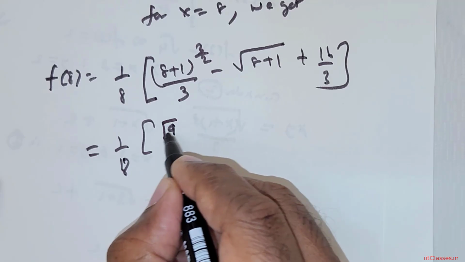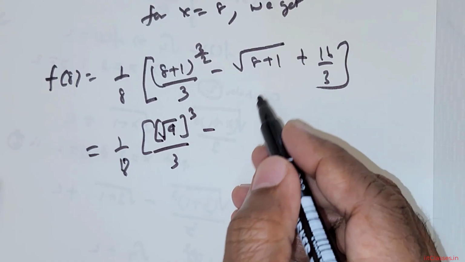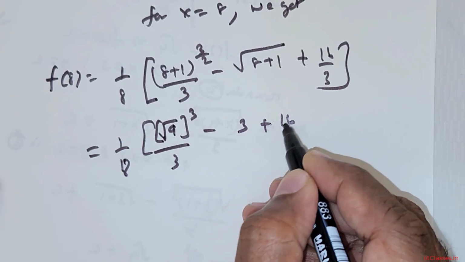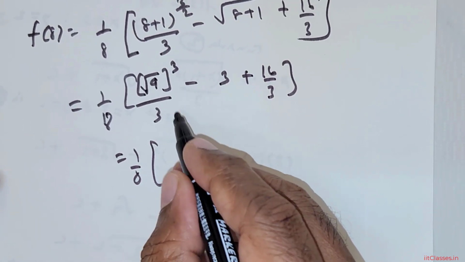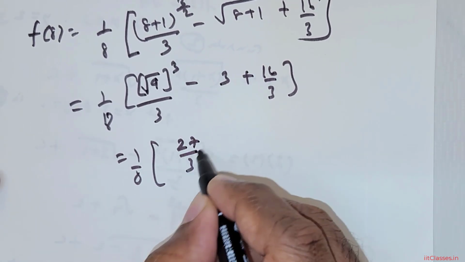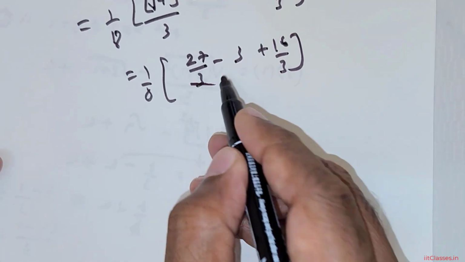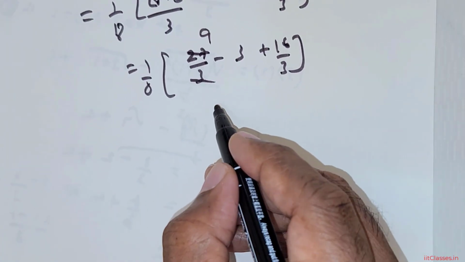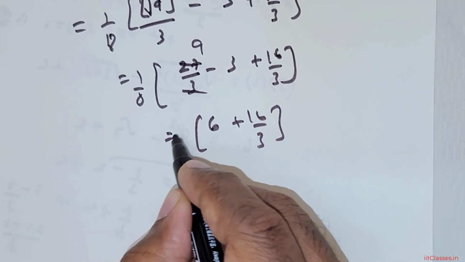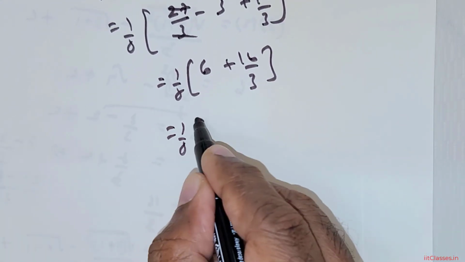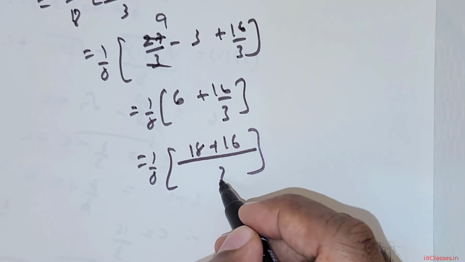So I can write it as root of 9 raised to the power of 3 divided by 3 negative root of 9, which is 3, positive 16 over 3. So this is 1 over 8, root of 9 is 3, 3 raised to the power of 3 is 27 divided by 3 negative 3 positive 16 over 3. So 3 divides here 9 times, 9 negative 3 will give you 6 positive 16 over 3.